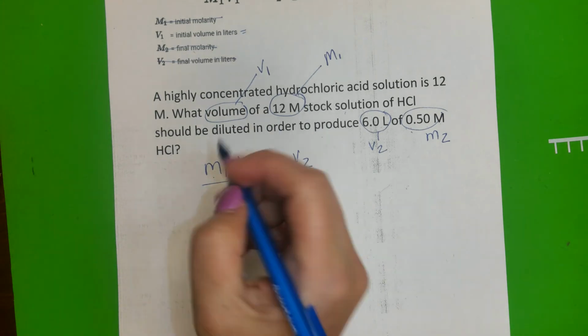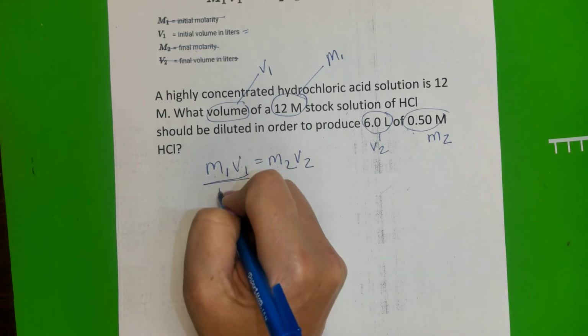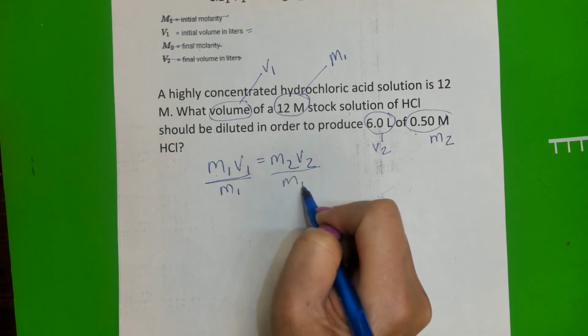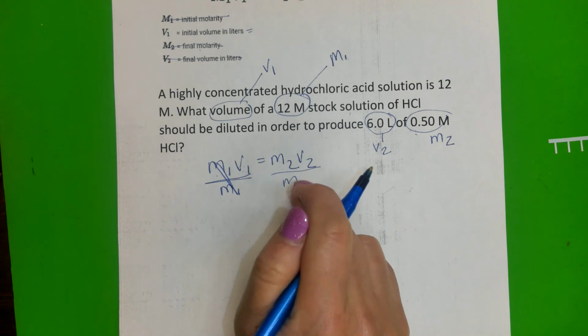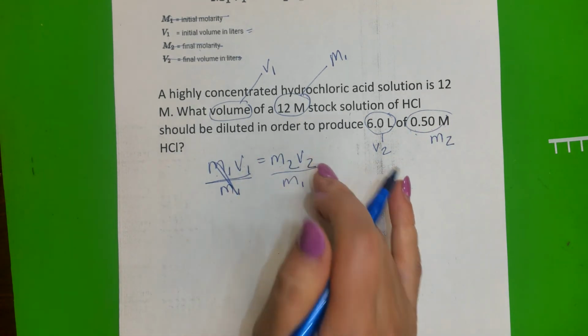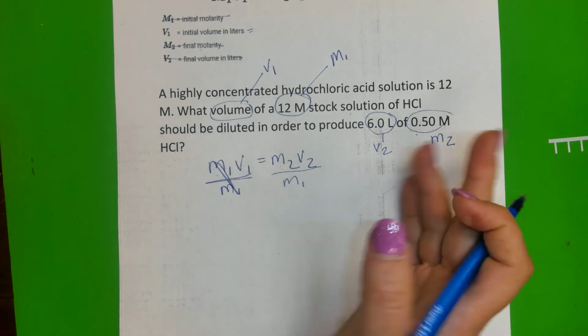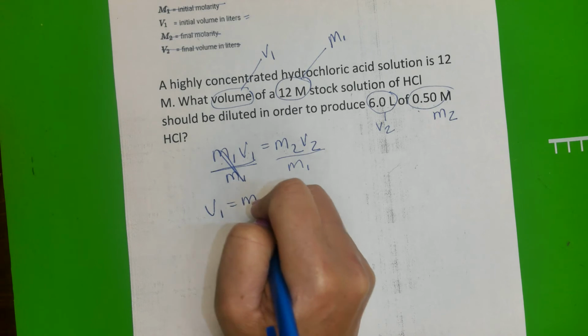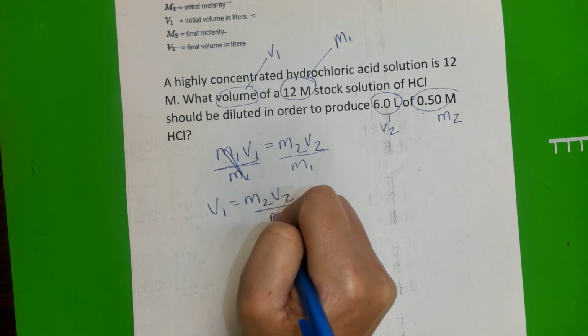So we do the opposite, and then we do the same thing to the other side, and then this cancels because we already put it here. It doesn't just disappear, it's just mathematically how it goes. So here it's V1 equals M2 V2 divided by M1.